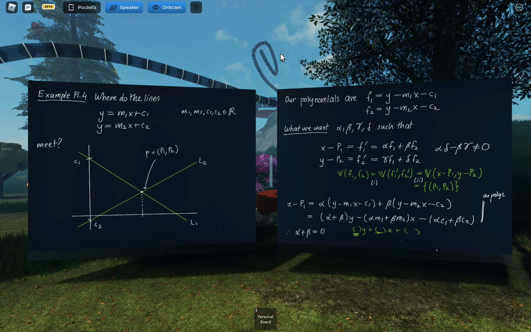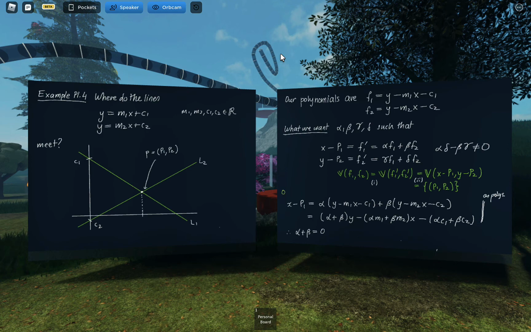And a polynomial is just a kind of list of the coefficients, and two lists are equal if and only if all their entries are equal. So for this equality here to hold, what I mean is that the left-hand side has exactly the same coefficients as the right-hand side, which leads me to compare the coefficient of y.